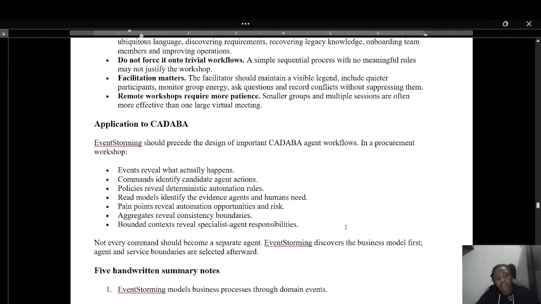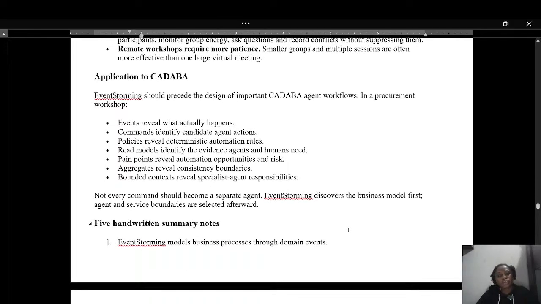Read models identify the evidence agents and humans need. Pain points review automation opportunities and risk. Aggregates review consistency boundaries. Bounded contexts review specialist agent responsibility. So these are ways you can use event storming, for example, when you want to develop a procurement agent.